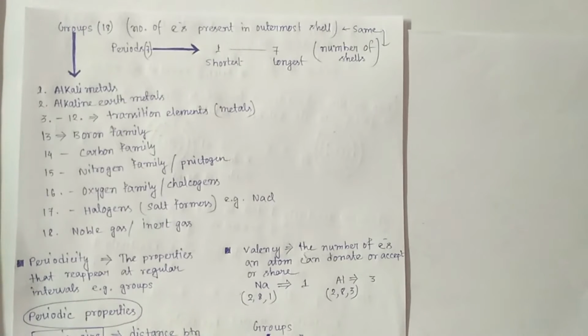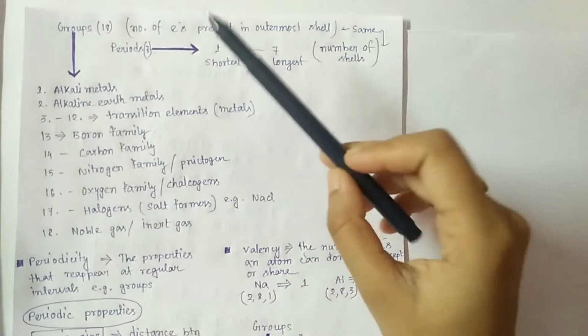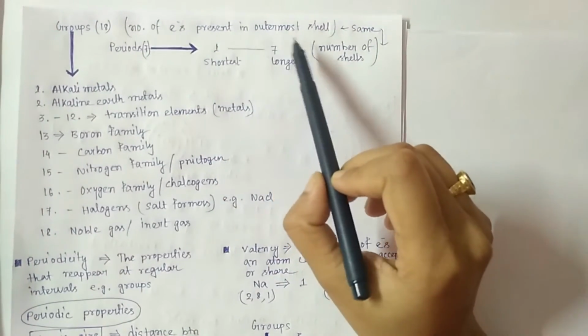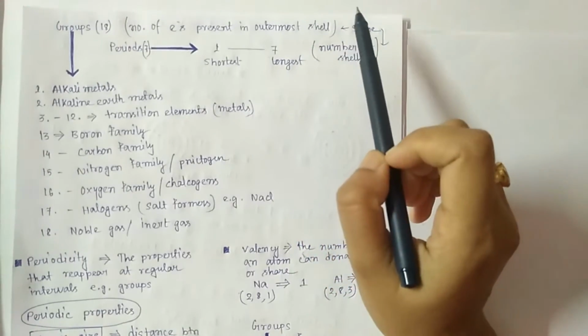The first thing that I want to tell you: the periodic table consists of 18 vertical columns that are called groups. And here the number of electrons present in the outermost shell is the same. For example, this is a periodic table.